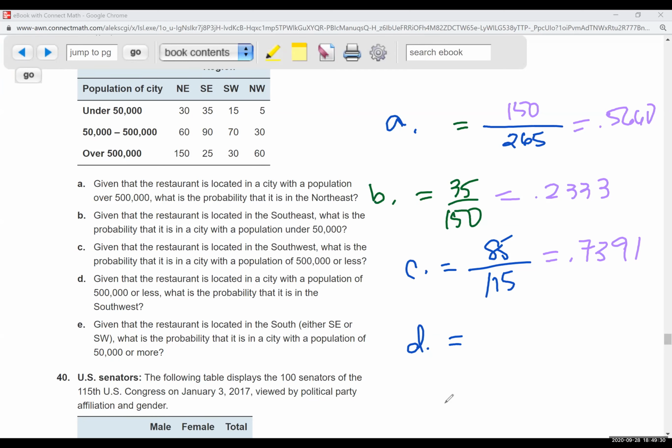Given that the restaurant is located in a city with a population of 500,000 or less, what is the probability that it is in the Southwest?